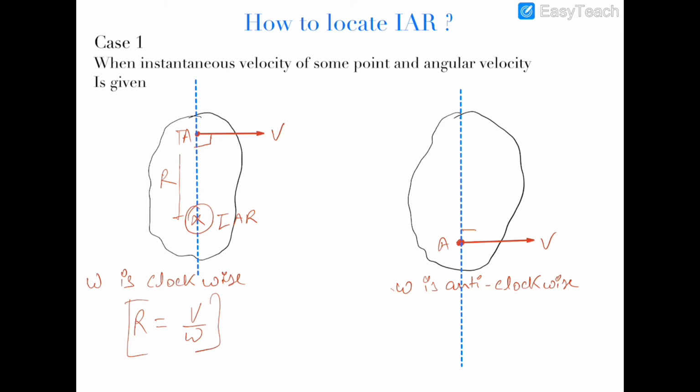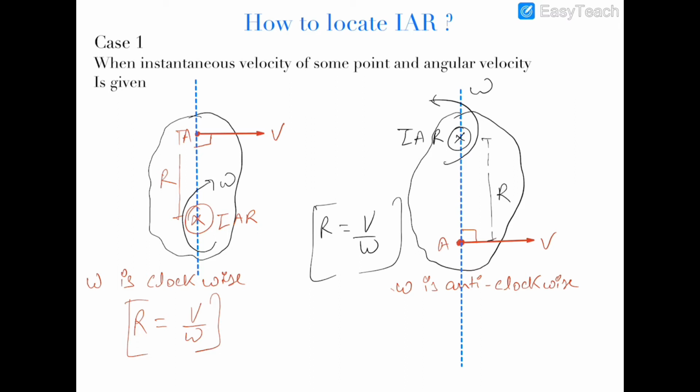This is the perpendicular to the velocity, and by the previous discussion we can say that IAR would be lying above the point A on this axis, because if we rotate the point A starting in the direction of its velocity, then its rotation would be in the anti-clockwise sense, and it is correct because in the question omega is given in the anti-clockwise sense. So this is clockwise omega and this is anti-clockwise omega. The distance r is still the same, which is V by omega.